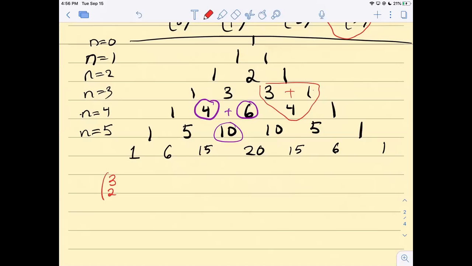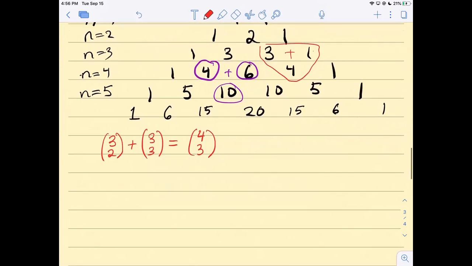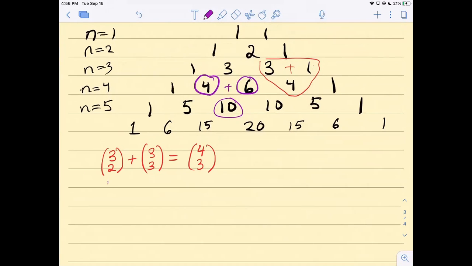Why does 3 choose 2 plus 3 choose 3 equal 4 choose 3? And for the 4 and 6, let's do that in purple. Why does 4 choose 1 plus 4 choose 2 equal 5 choose 2?